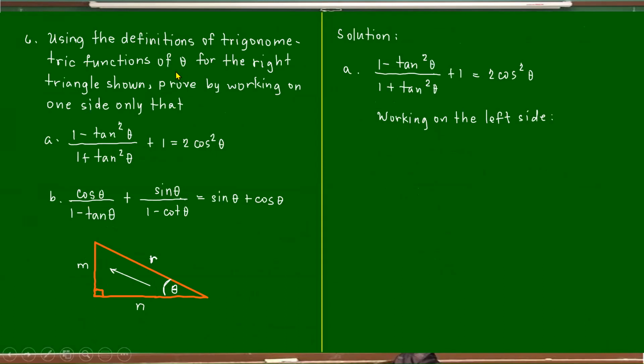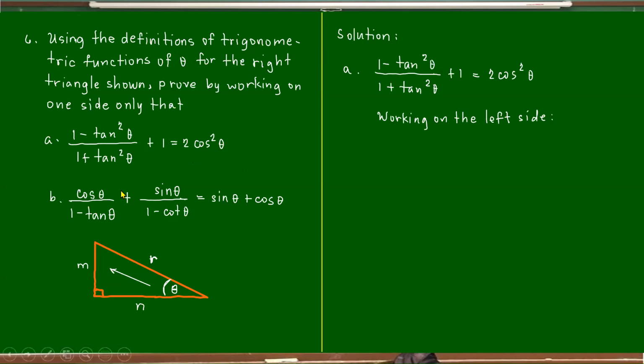Proving. Using the definitions of trigonometric functions of theta, for the right triangle shown, prove by working on one side only that the left side, 1 minus tangent squared theta all over 1 plus tangent squared theta, is equal to 2 cosine squared theta.